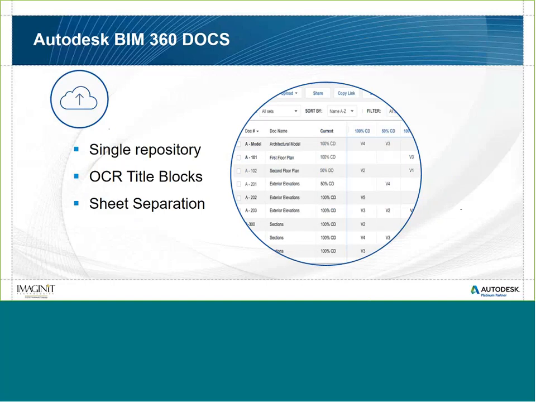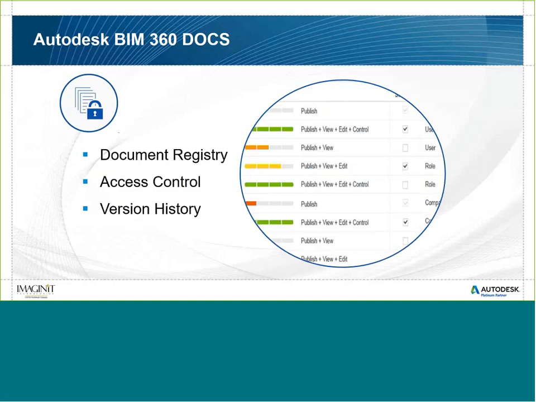And of course, if it's a Revit file, then Revit already understands sheet separation. It will pull that out. If you put an AutoCAD file up, it'll break out the layout tabs as sheets. And again, you also have, as I showed you before, the ability to control access, either by role of a person on a project, their username, or what company that they belong to.